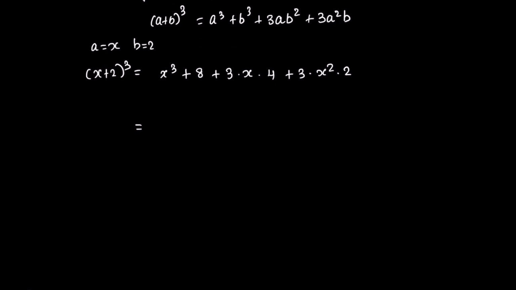After simplifying, x cube plus 8 plus 3 times 4, 12, so 12x, then 3 times 2 is 6, 6x square.